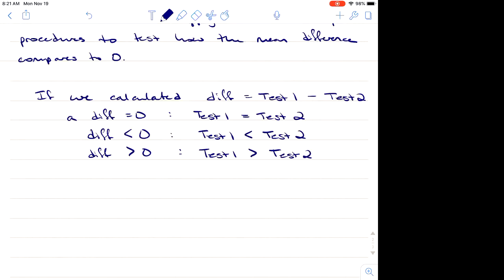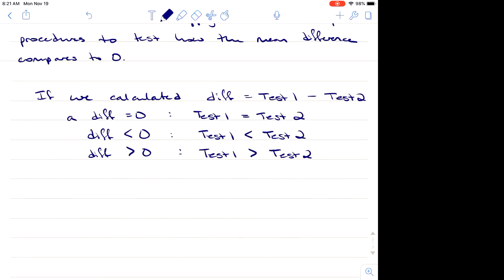Did they get the exact same grade? Probably not. But did they increase or decrease from test 1? And now that we're thinking about these differences, that's the only really new thing that we have to think about.